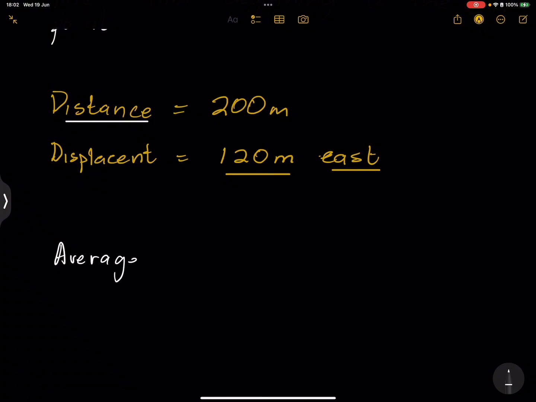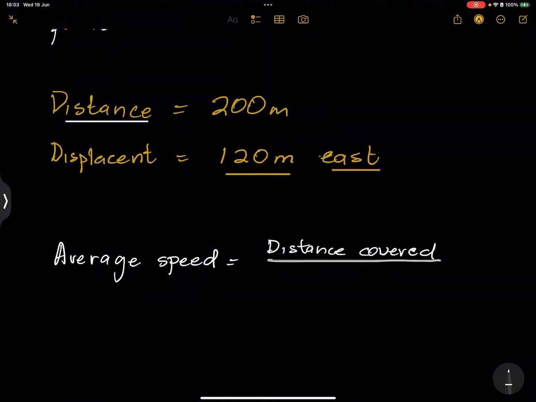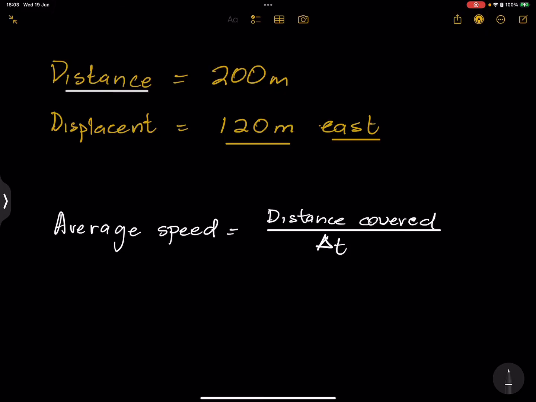So the average speed would be equal to the distance covered, divided by the change in time, okay? So the time that it took. So if we were to calculate the average speed, now note there's a difference between average speed and instantaneous speed or instantaneous velocity, right? We'll talk about that just a little bit later.